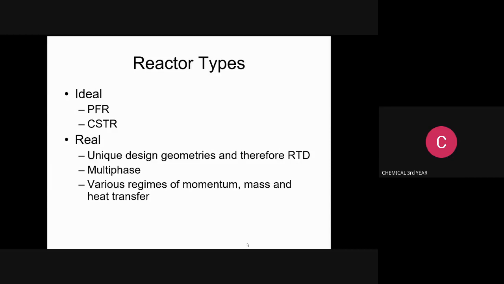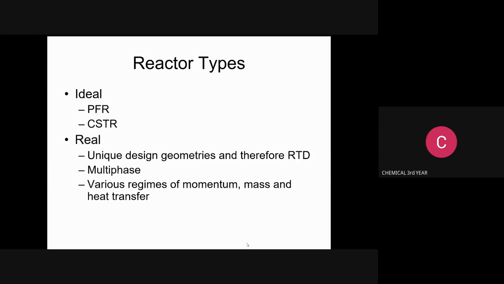Automatically you ask the question, why do we have to concentrate on momentum, mass, and heat transfer in reactor design? You already think reactor design means drawing steps or measurements are included. But that's not like that.